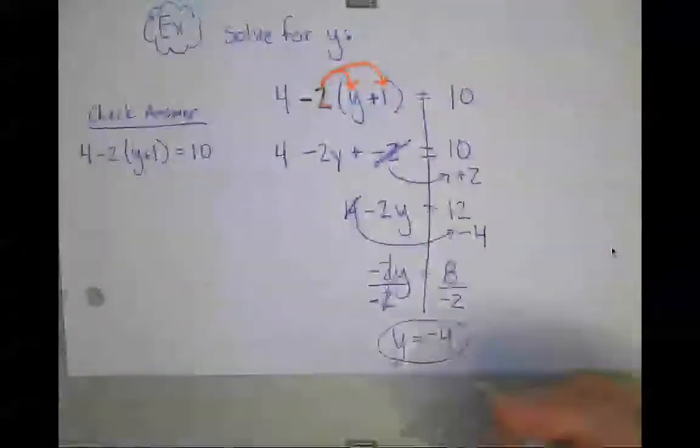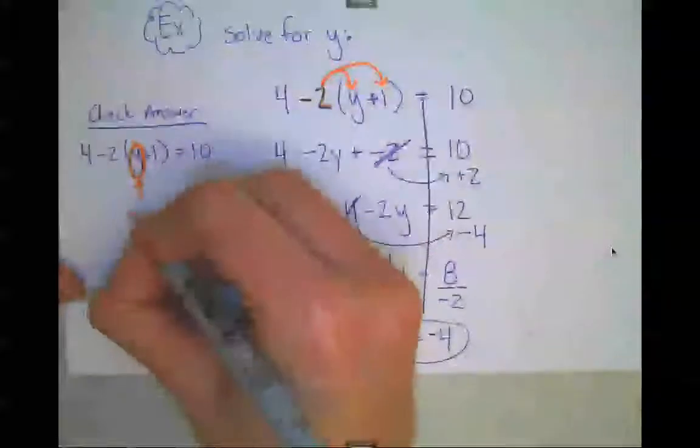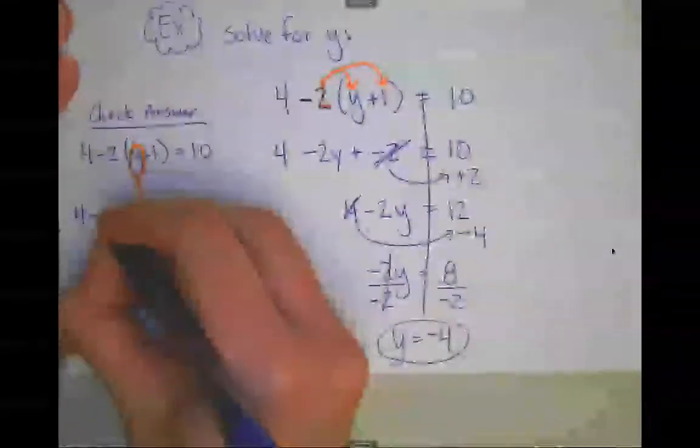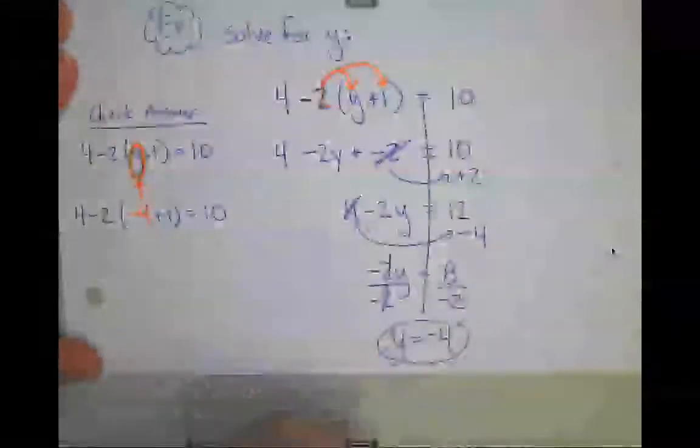So copy that down. Now we already think the answer is negative 4, so right here where the y is, we're going to replace that with a negative 4, because that's what we think the answer is. So now we're going to have 4 subtract 2 parentheses, and instead of y plus 1, it's negative 4 plus 1 equals 10. And we just got to see if this math works.